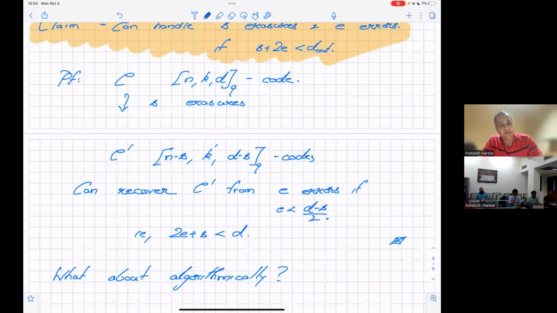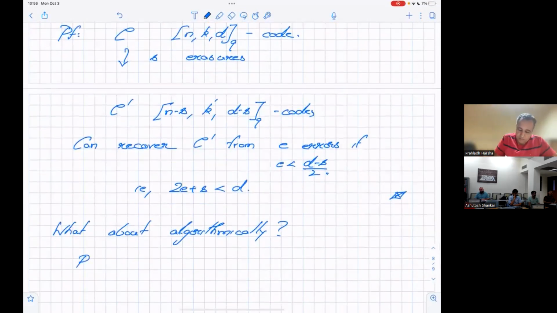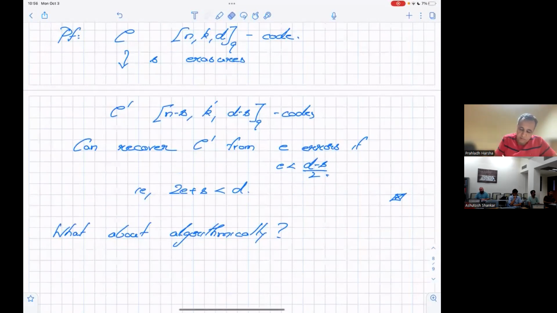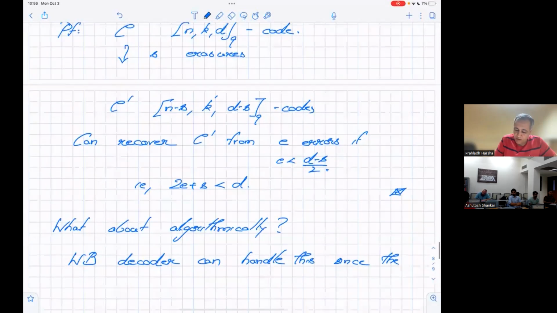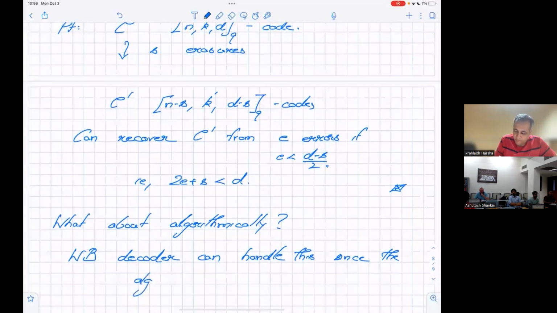And hence the Welch-Berlekamp decoder can handle this, since the algorithm worked for any set of evaluation points.